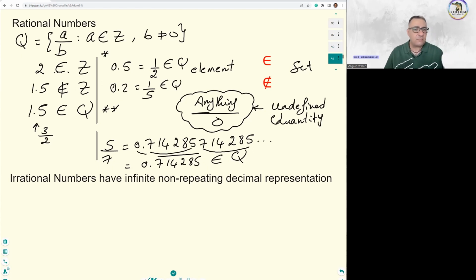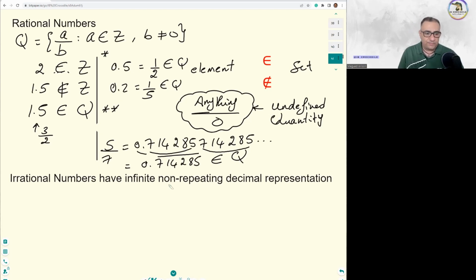The natural question now is: what if the decimal expression is infinite but also non-repeating? In this case it doesn't belong to Q, and we call it an irrational number.